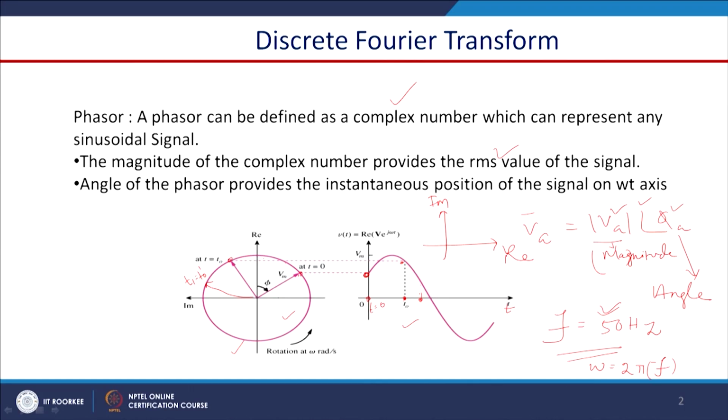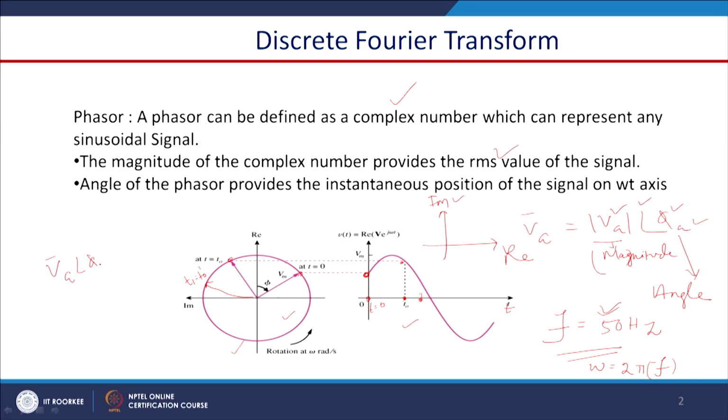At what angle this signal is rotating at a particular time stamp, we can always access it. The real axis tells the real part of the phasor, and the imaginary axis tells the imaginary part. That is the complex form of representation of phasor quantities.